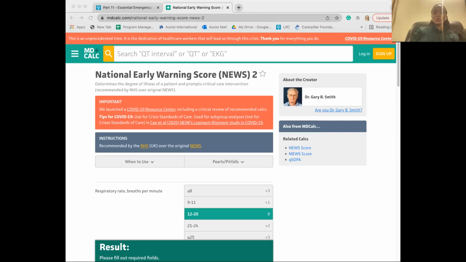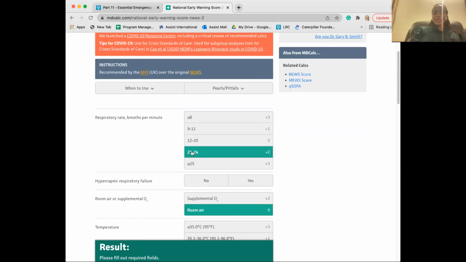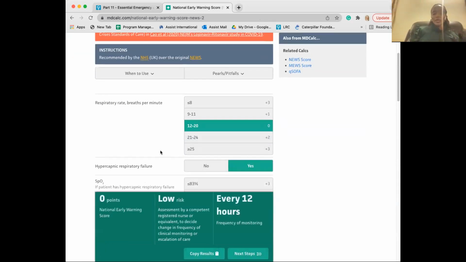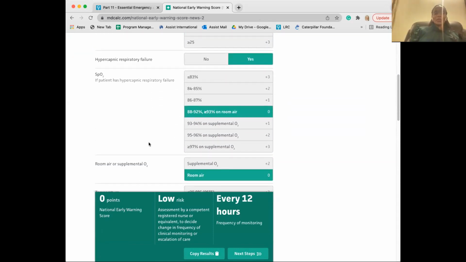various parameters. You want to check how the respiratory rate is. For instance, if the rate is between 12 and 20, you give a score of 0. Is the patient having hypercapnic respiratory failure? You say yes or no. Are they on room air? How is the SpO2? There are scores for all of those.